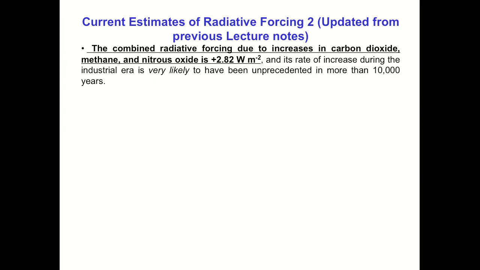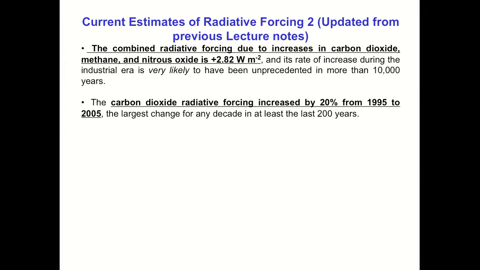Its rate of increase during the industrial era is very likely to have been unprecedented for more than 10,000 years. Carbon dioxide radiative forcing has actually increased by 20% from 1995 to 2005 based on the data set from that period, and that was in fact the largest change for any decade in the last 200 years.